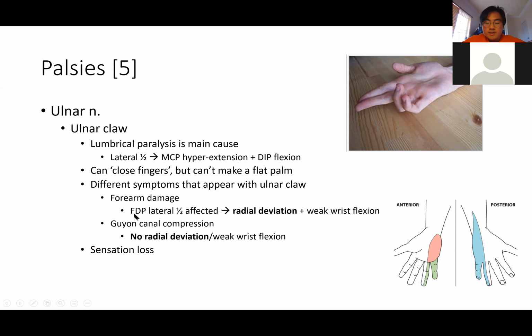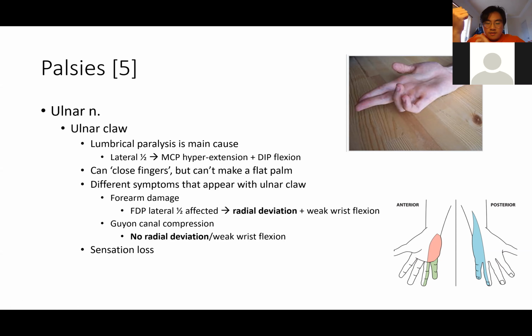We know that the flexor carpi ulnaris is innervated by the ulnar nerve. So if we damage our ulnar nerve in the forearm, our flexor carpi ulnaris can't function. Now, let's think about the origin and insertion of the flexor carpi ulnaris. Medial epicondyle and pisiform. If that contracts, it's going to give you ulnar deviation.